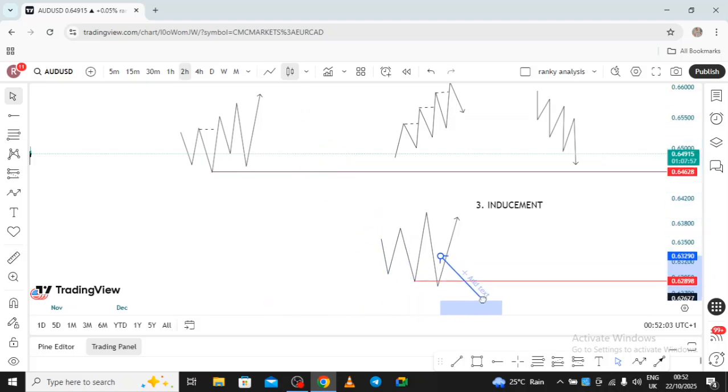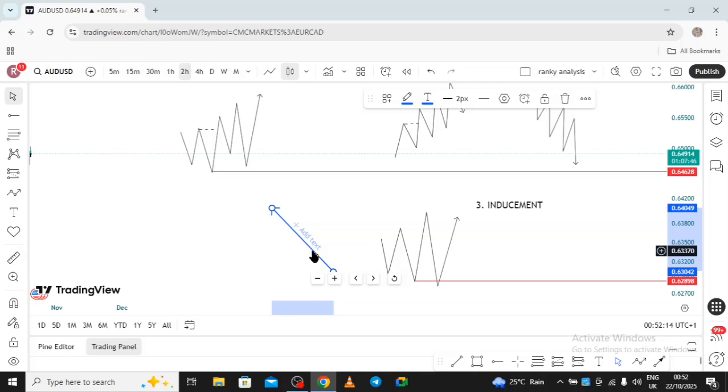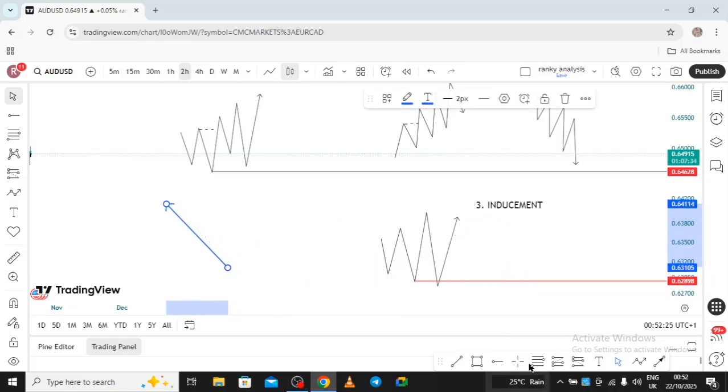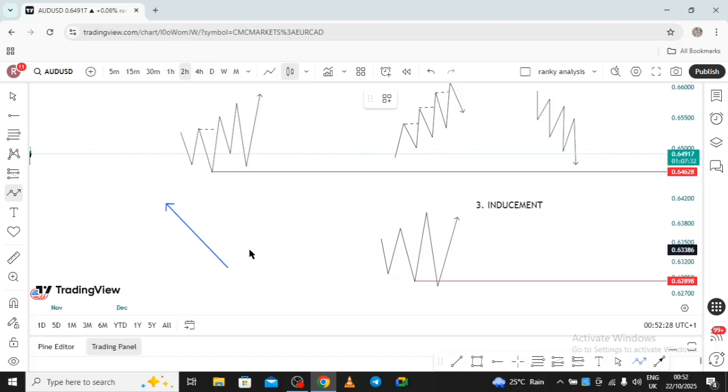But when there's no structural liquidity in this kind of setup, price tends to come and take out the protected low, then continue buying. So it's just like it induced traders to enter thinking it's going to hold, and then took out their stop loss, and then bought to the upside. Same thing for a sell setup. Same thing for a sell trade, something like this.